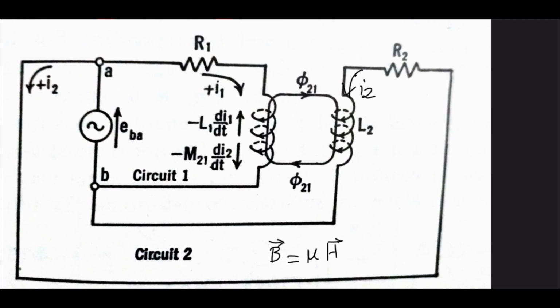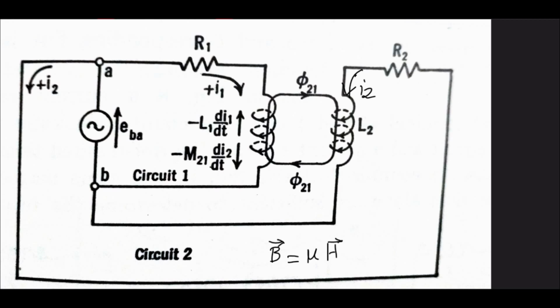Here we are showing a particular arrowhead, and for that, when we are considering the EMF induced due to this mutual flux phi21 in your circuit 1, do remember the induced EMF also depends on how your flux phi21 links your primary side or circuit 1 winding.